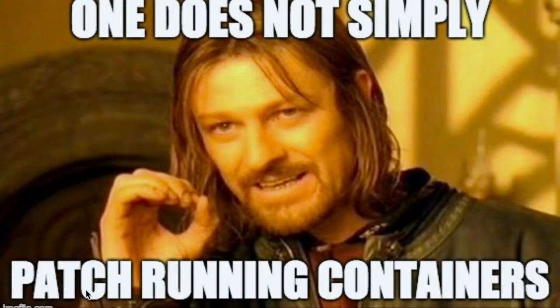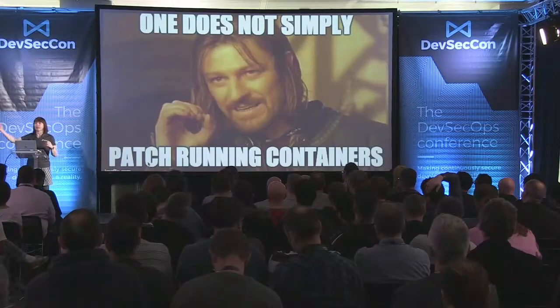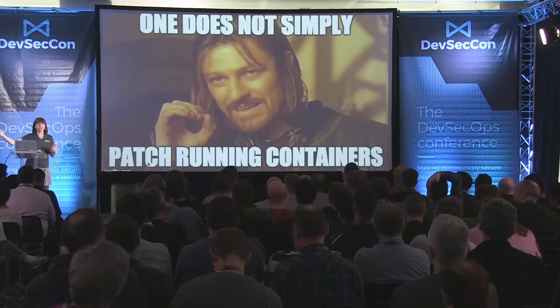When you run a container, you really don't want that container to be going out and doing, I don't know, apt-get install or something, or even worse, manually SSHing into a container and installing some software. You need to build the container image containing all of the software that it's going to run. If you need to install more software on it, build a new image. Don't update the running container.